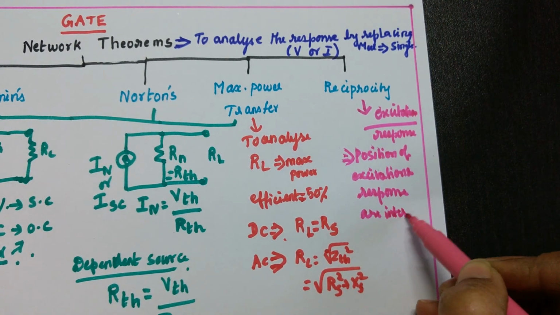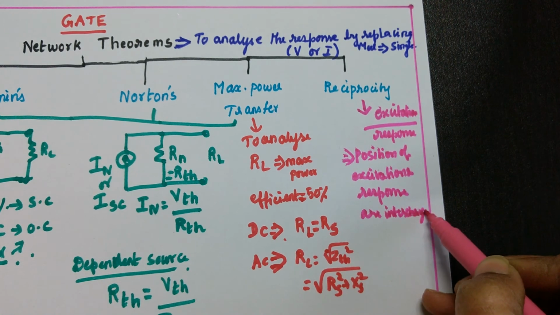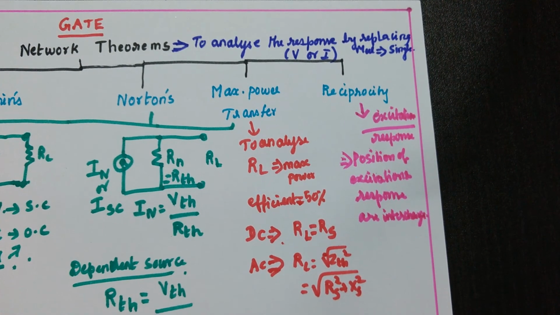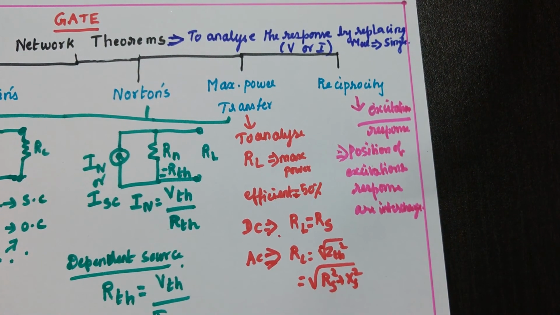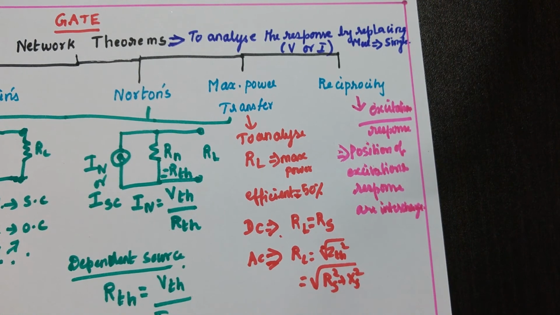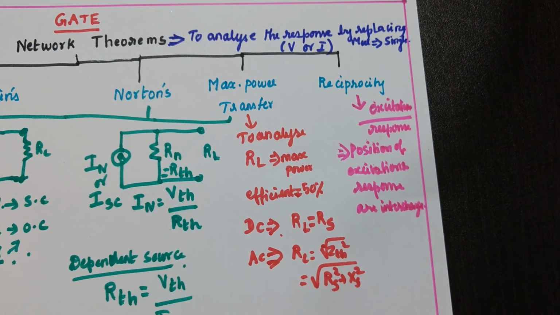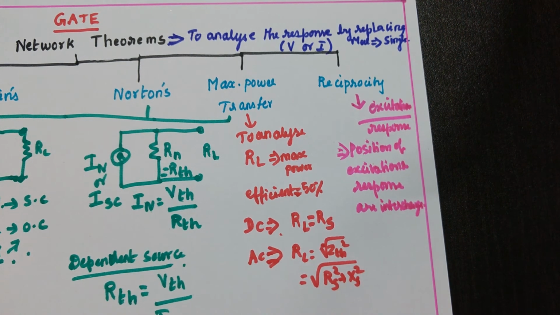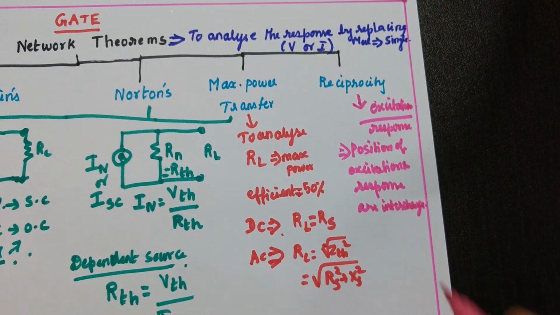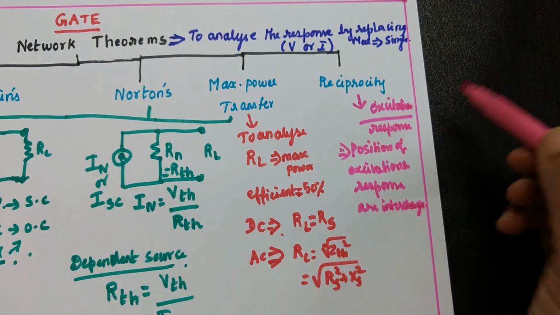If you want to find the current passing through a resistance branch and the given voltage source, even if their positions are interchanged, the response will be equal. So the ratio of excitation and response is equal.